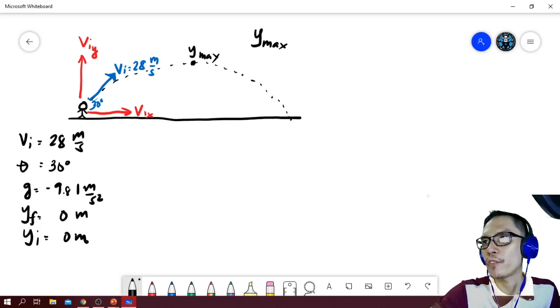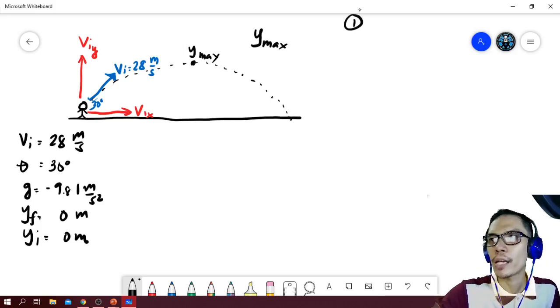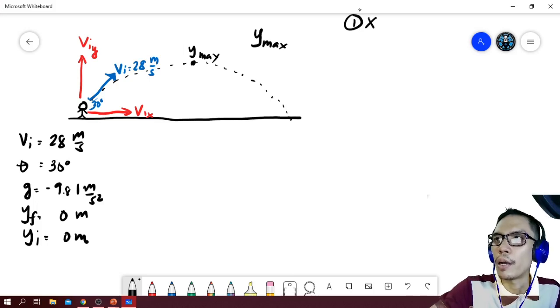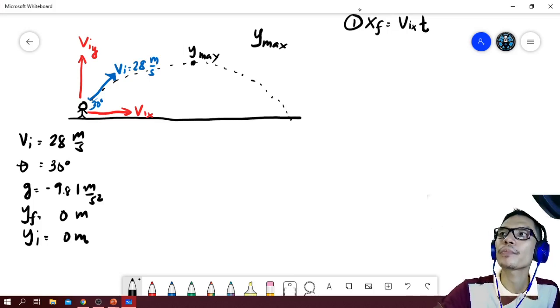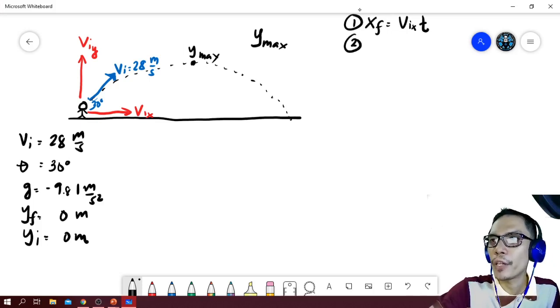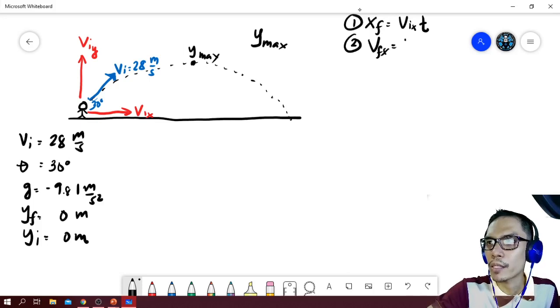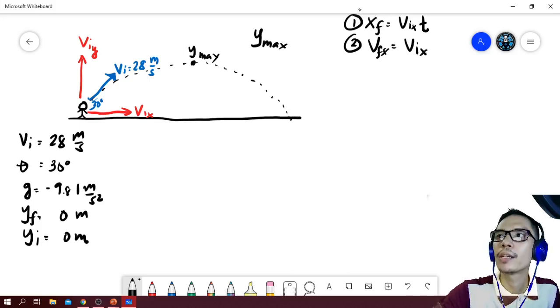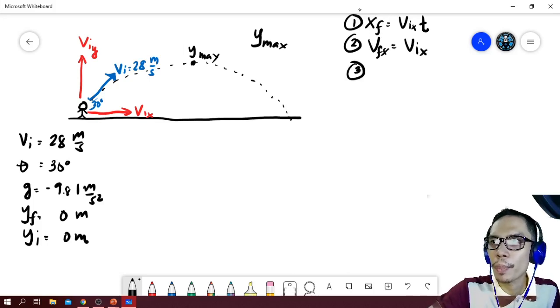Let's solve for this one, and don't forget to write the formulas that you have right here. Let's write the formula for the velocity in x: v sub fx is equal to v sub ix.